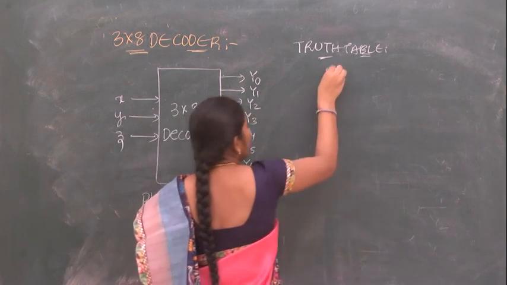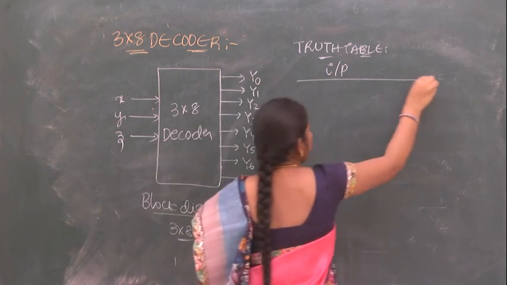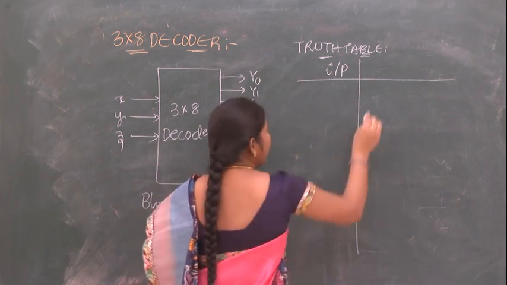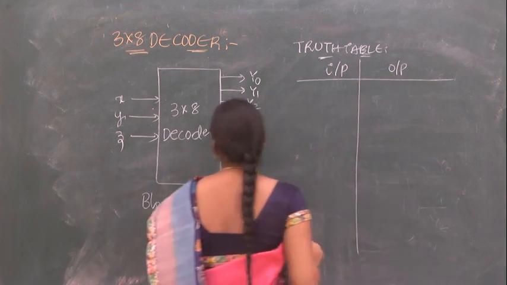The truth table is nothing but it always gives the relation between inputs and outputs.